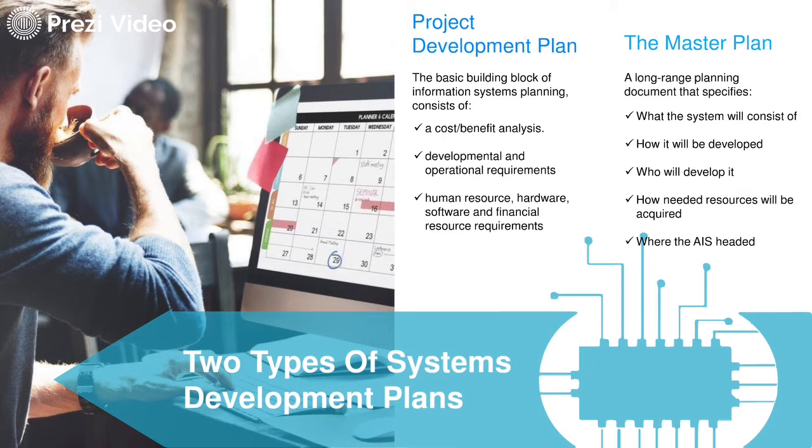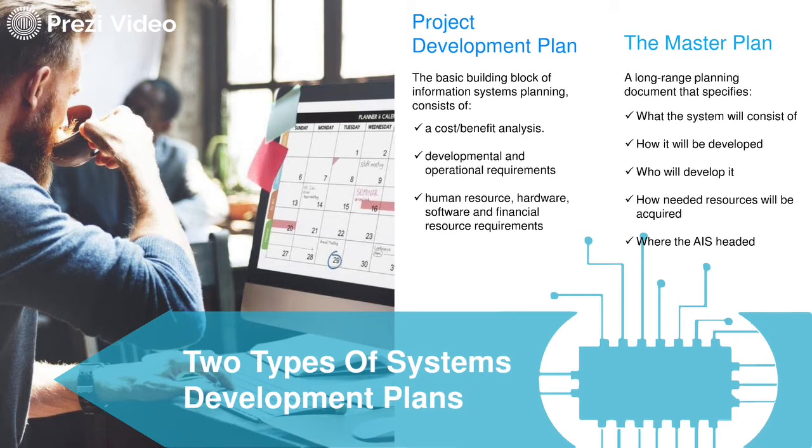For the first type, the project development plan, the basic idea is that it is a building block of information system planning. Each project development plan consists of a cost benefit analysis, the developmental or operational requirements, the human resources, the hardware, the software, the financial resource requirements, and so on.